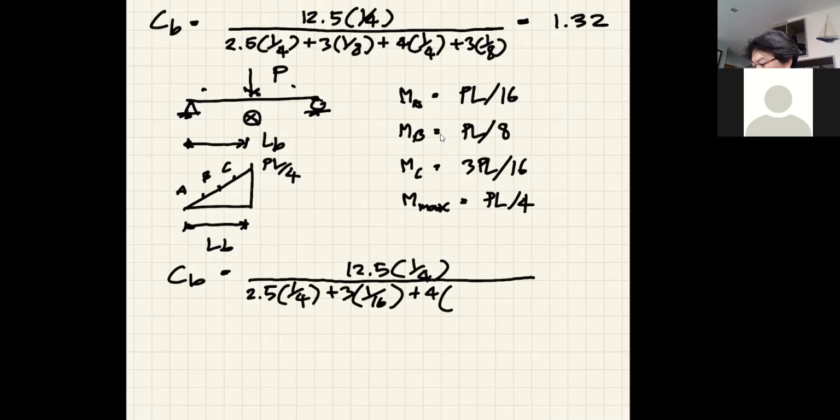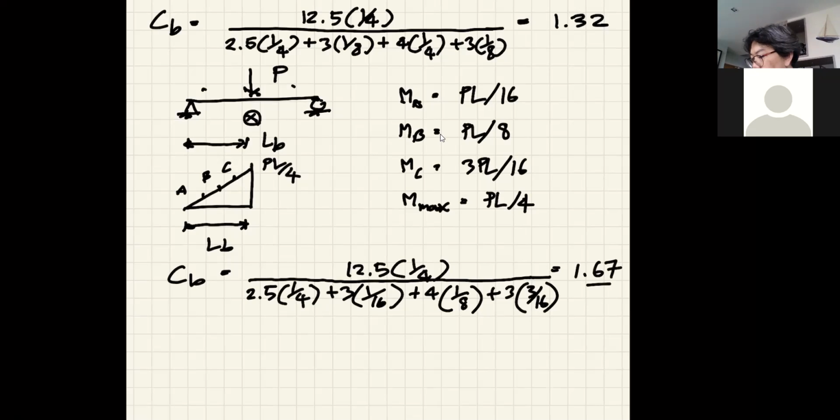MB is 1/8 plus MC, 3 over 16. Can you guess what this number is going to be? It is 1.67, or 67% increase of the moment capacity.